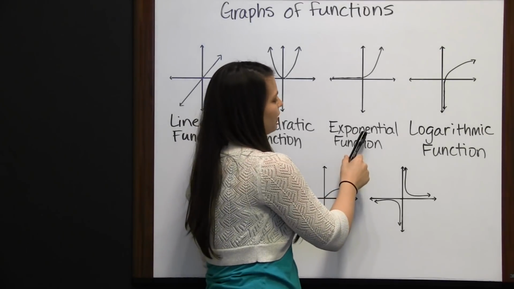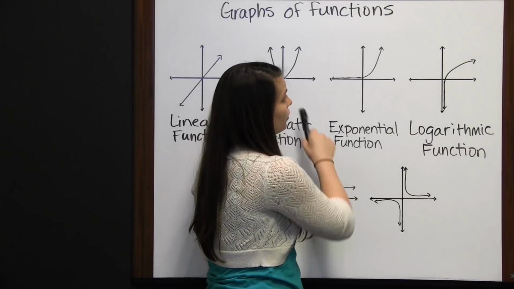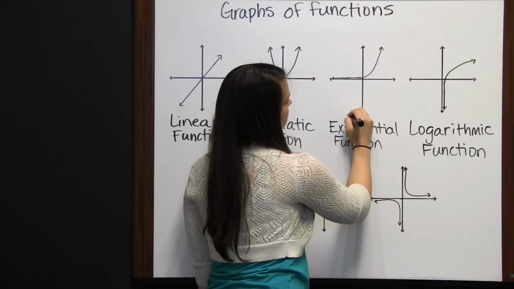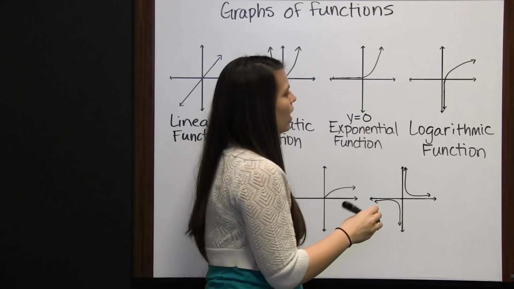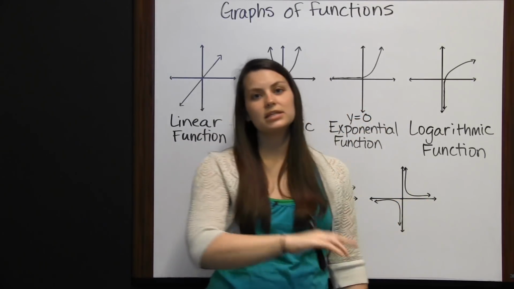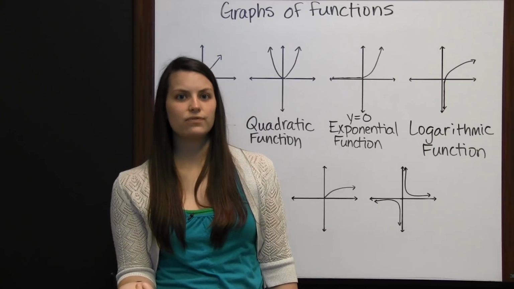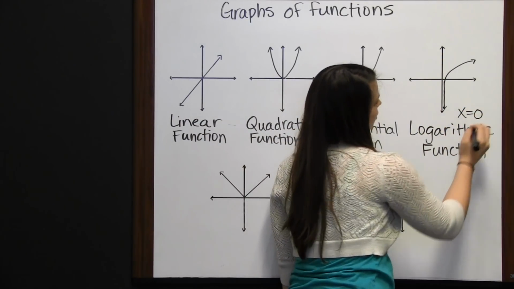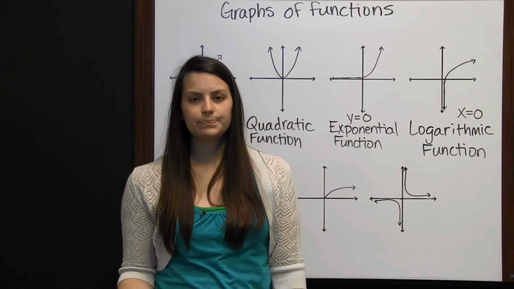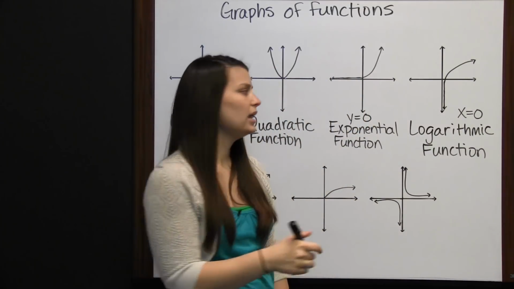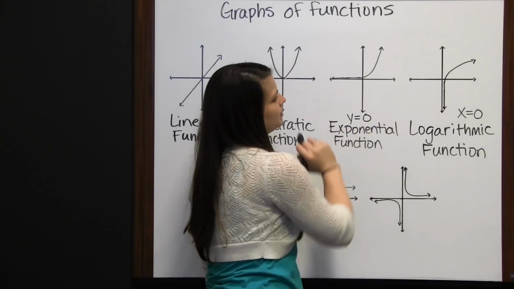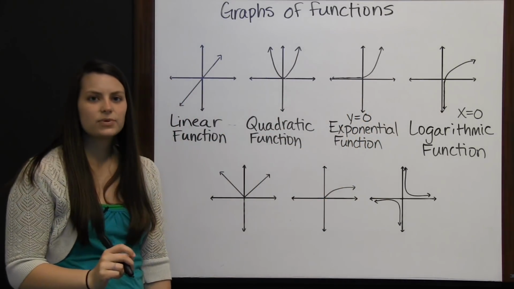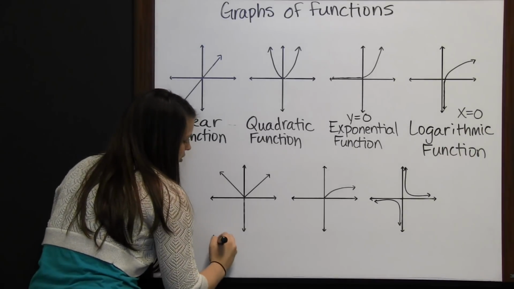An exponential function has a horizontal asymptote of y equals 0, while a logarithmic function, since it's the inverse of an exponential function, has a vertical asymptote of x equals 0. And an asymptote is just a line that the graph is approaching but doesn't cross. The next graph is what's called an absolute value function.